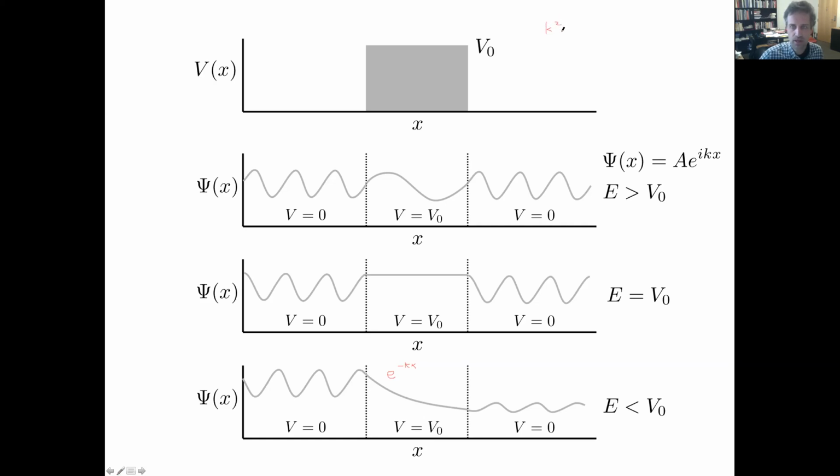The definition of k squared is 2m(E minus V naught) over h-bar squared. There should be a square right there. But what I'm saying in this scenario number 3 is that V naught is larger than E, so I'm going to switch the order of these two terms.